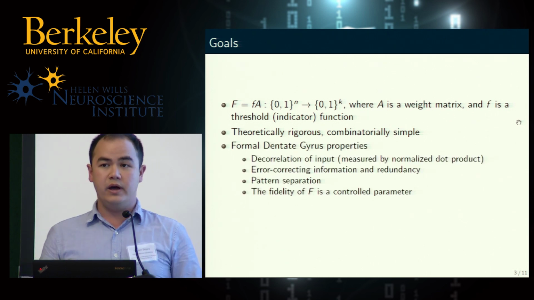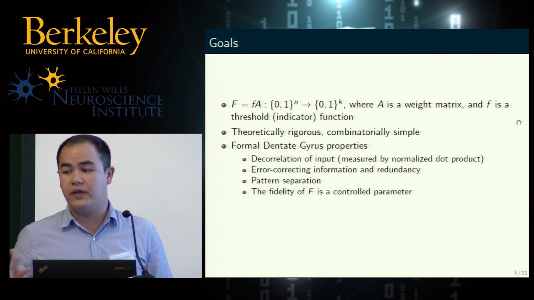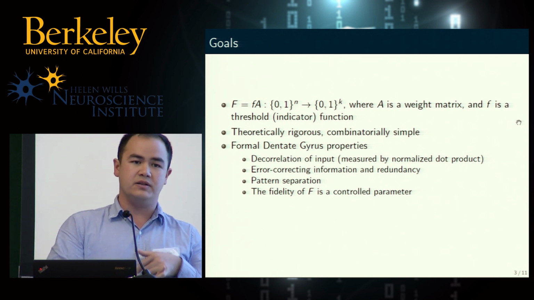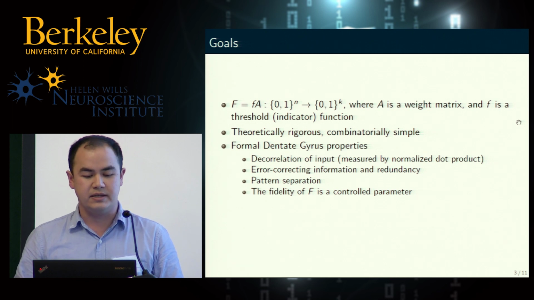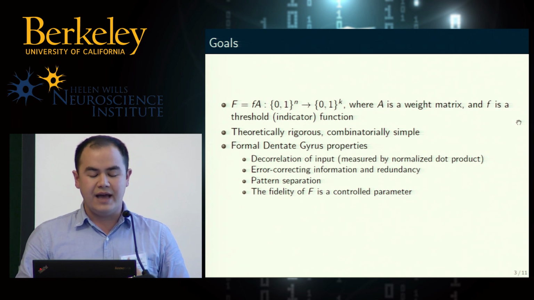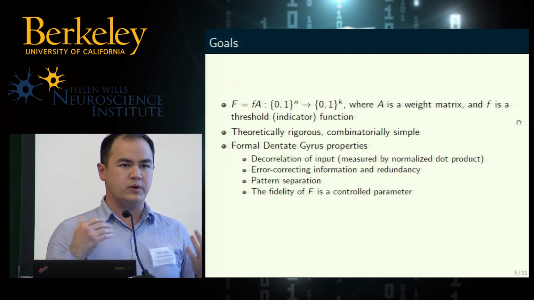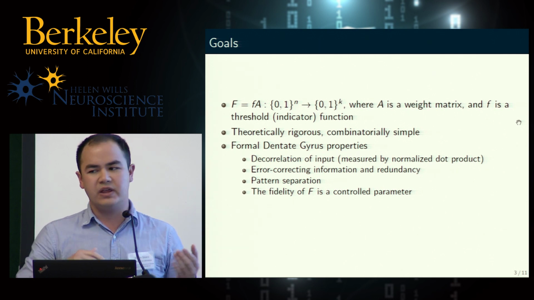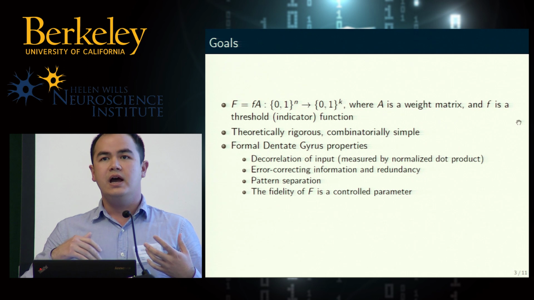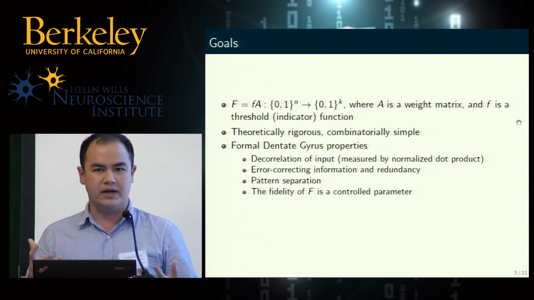And those properties that we want are the ones that we find in the literature about the dentate gyrus, meaning that it does that pattern separation, that the inputs become decorrelated as it gets processed. As a separation sort of from the sparse coding you see in other contexts, we want to make sure that the fidelity is something that we can control, right? We don't want it to be a byproduct of an iterative process or something like that.